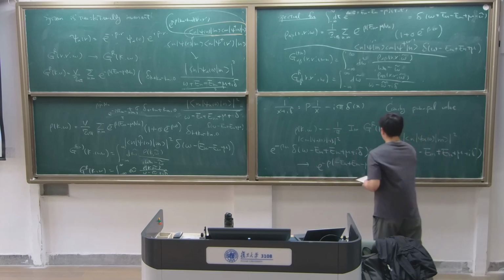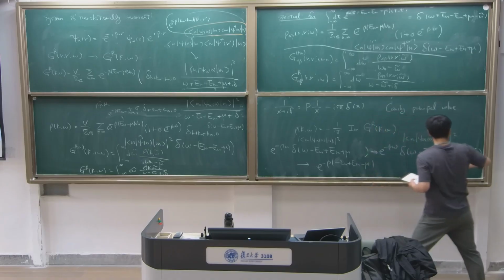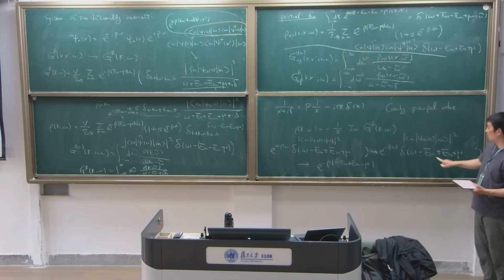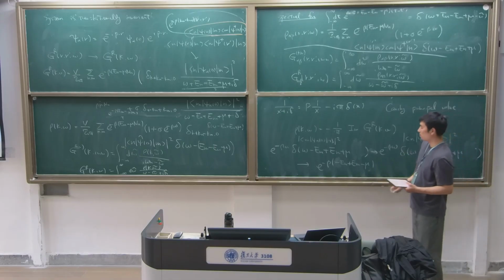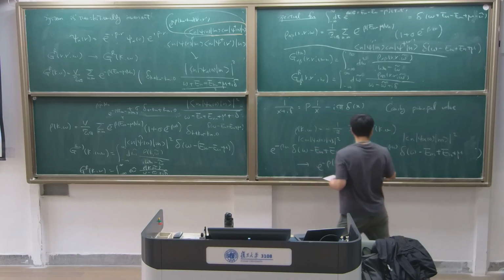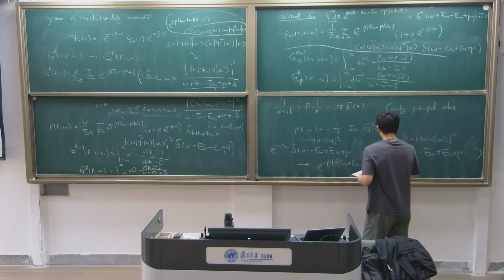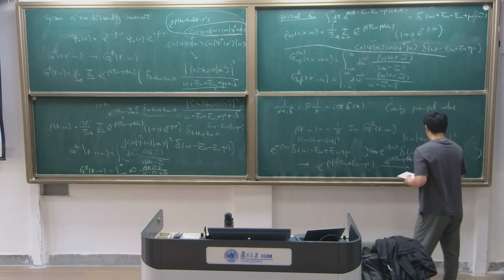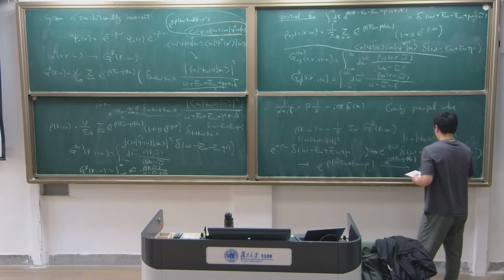Like this thing. But I don't need to write it down. You have to do this transformation. So you integrate over omega, and what you get is this one, and then multiply by e to the minus beta en minus mu and n. You get that e to the minus beta en minus mu and n.